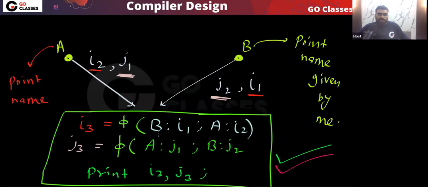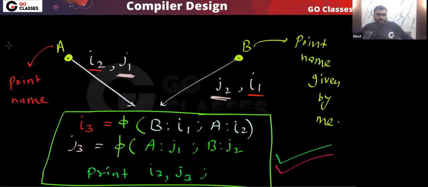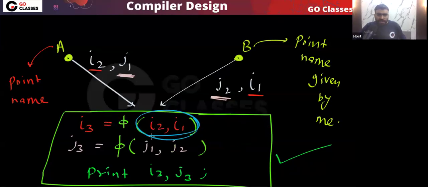So if you are writing from which edge you are coming, then there is no problem of convention and no problem of order. But if you are directly writing I1, I2, then you should follow the order.